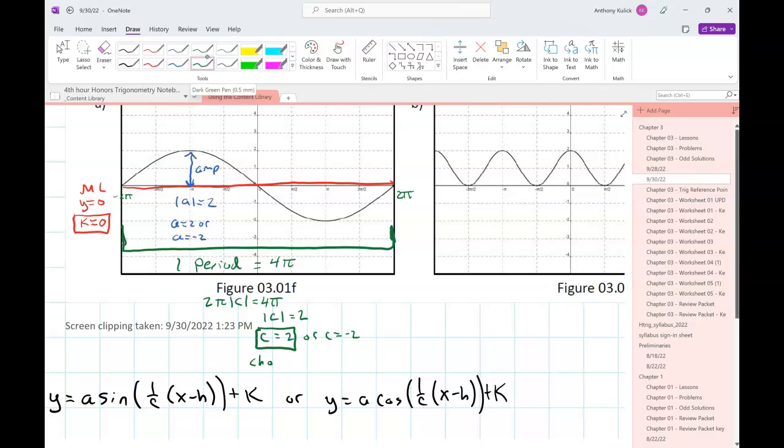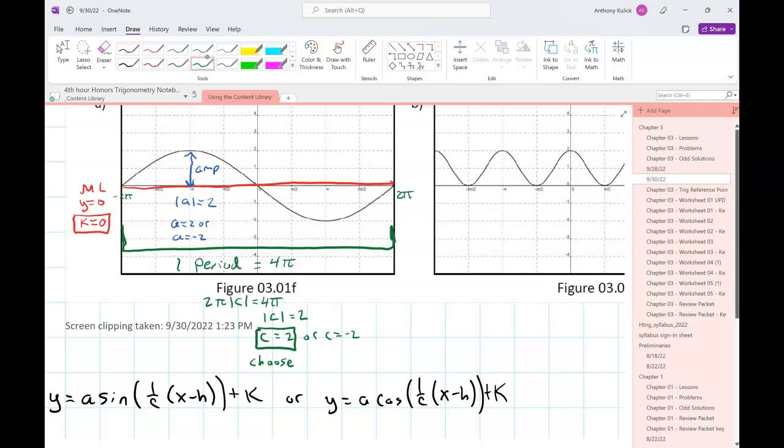Sure, but I don't think it ever makes the problem easier, and it will often make the problem slightly more difficult. Why would I make my life harder? So you can always choose either A or C to just be positive. My advice to you is just choose the C to be positive. Everybody's okay with that?